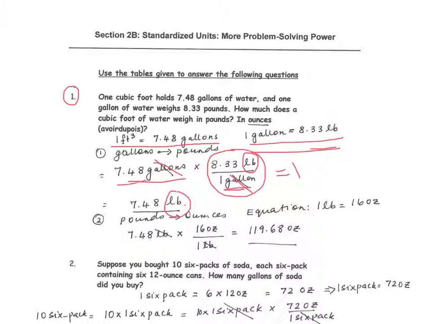We multiply the numbers 7.48 and 8.33 to get... 7.48 times... and we forgot to do that, 8.33.